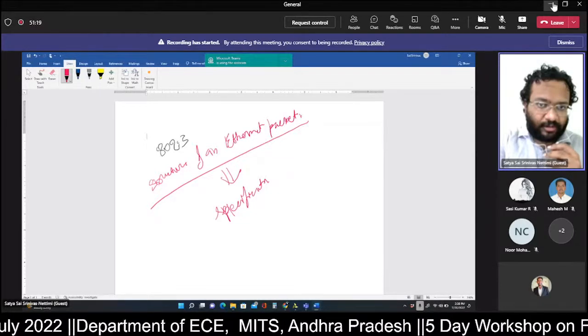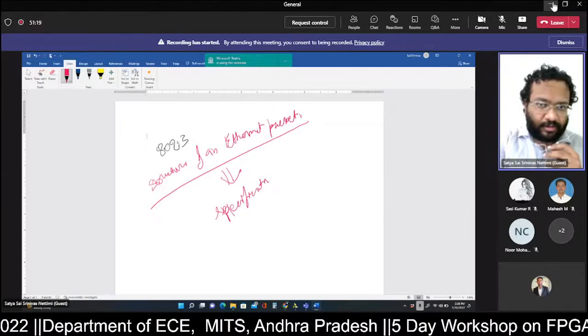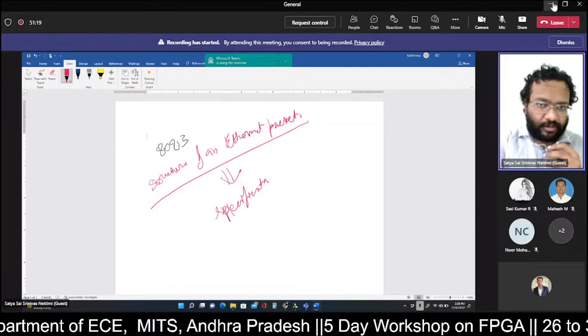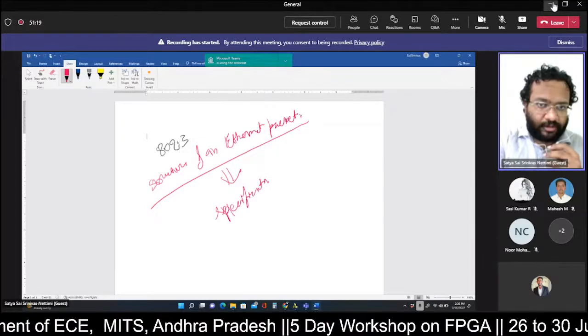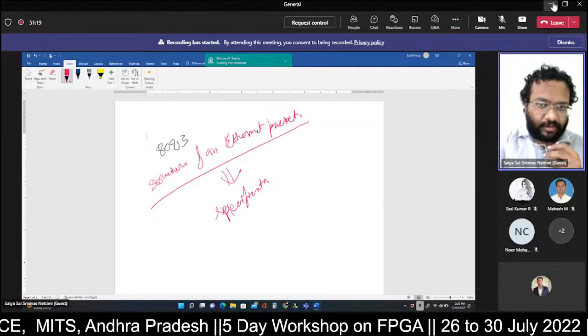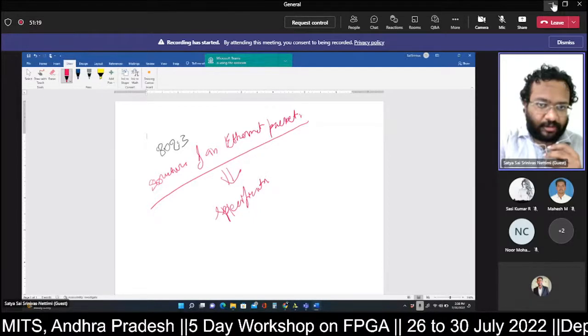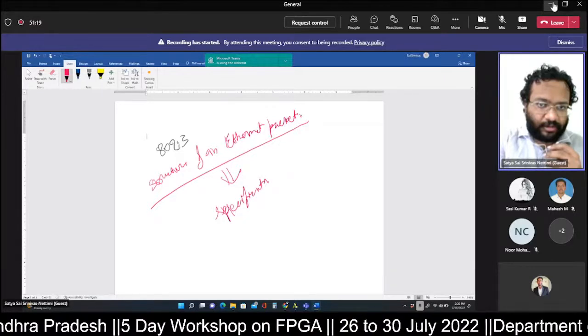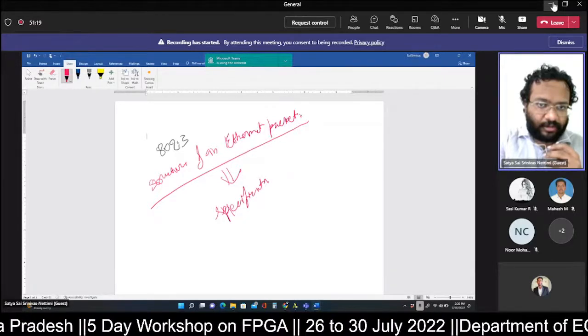I think those who have missed my FSM lecture, for them I'm just going to do a brief overview. So we have a sequential state register logic. This will be driven by the combinational next state logic.